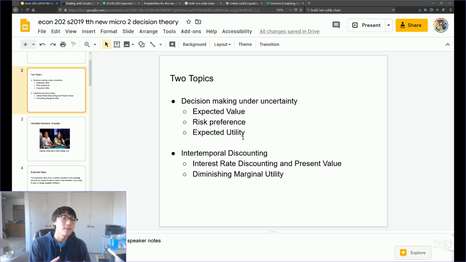We just need to modify Amy's rule slightly. Instead of saying that people maximize expected value, if we assume that they maximize expected utility, we can really come to understand or make sense of a lot of decisions that involve uncertainty.